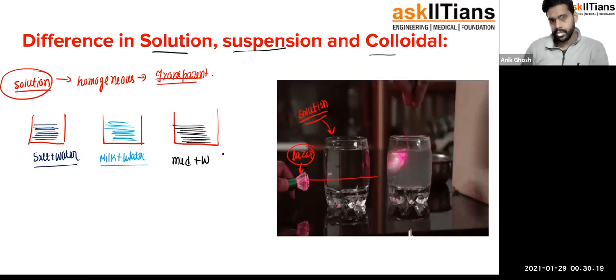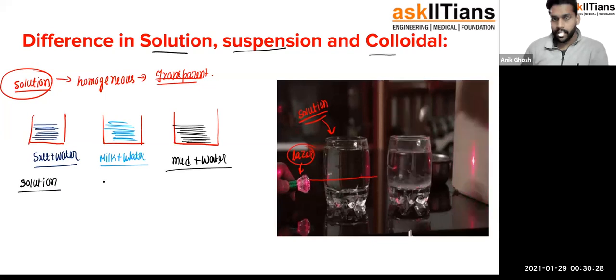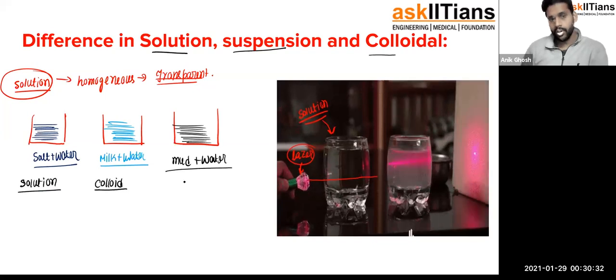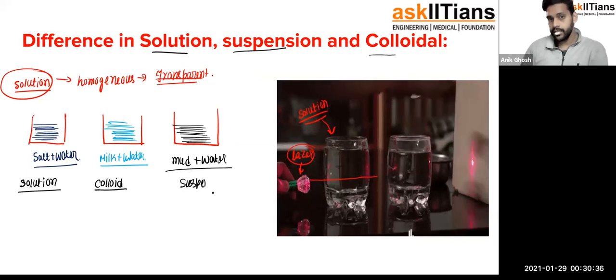Fine. Now, needless to say, this one is a solution. This one is a colloid, right? And this mud water is called a suspension, isn't it? It is called a suspension. Fine.